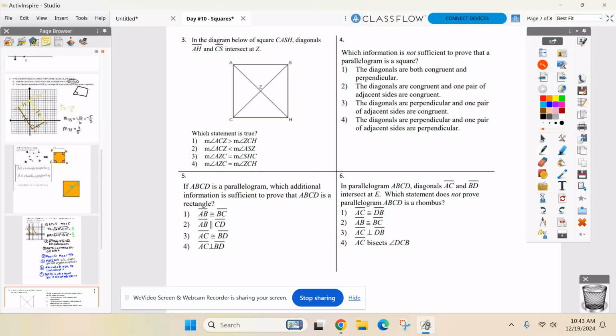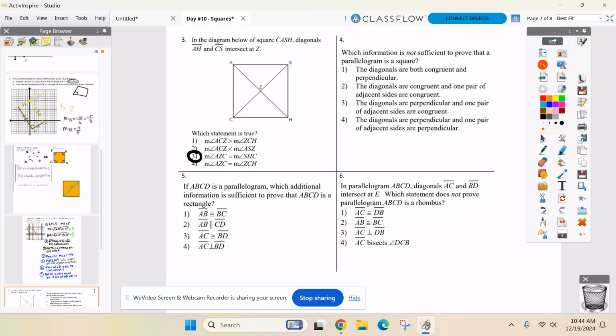It's going to start getting a little tough here now. We're looking for which one is not sufficient. Just to give you a little help, read through and say, all right, this is a rhombus now.